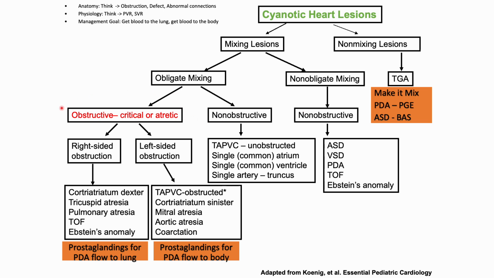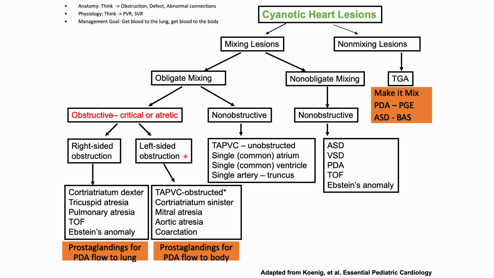And then here are your obstructive or critical obligate mixers with right-sided obstruction. Let's think of every single obstruction that can happen on the right side of the heart: cor triatriatum dexter, tricuspid atresia, pulmonary atresia, tetralogy of Fallot with pulmonary stenosis, Epstein's anomaly. In these cases, you are going to need prostaglandins so that the PDA can get blood to the lungs.